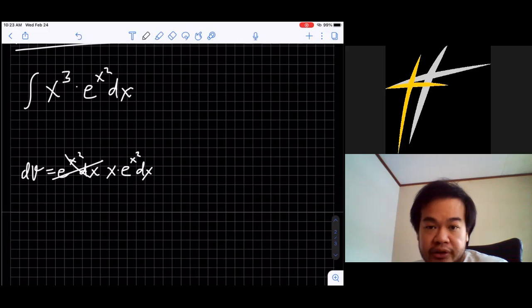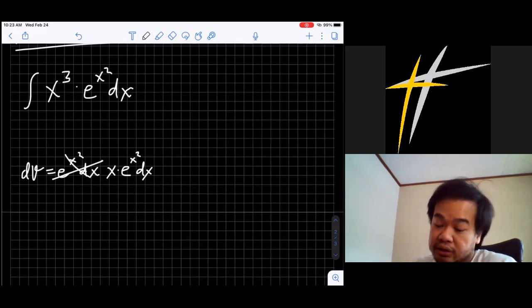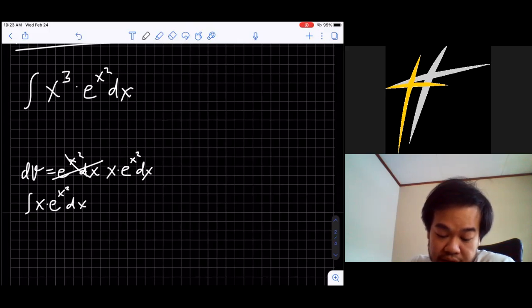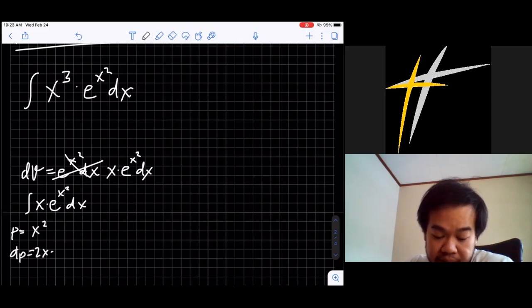Because if we use the algebraic substitution method, let's do it here. The integral of x times e power of x squared dx. Let's say P equal to x squared, so dP is equal to 2x dx, right?